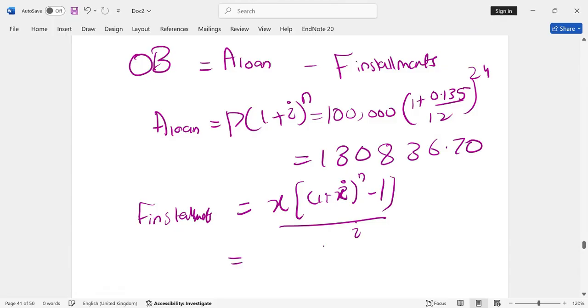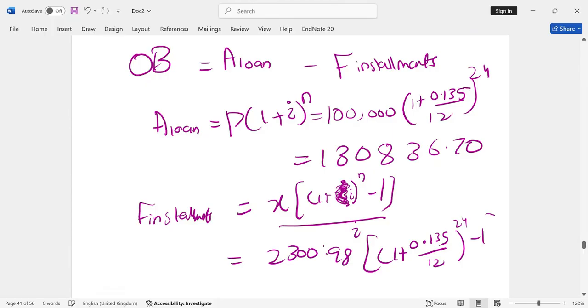I'm just putting all the values in this: 2300.98 times ((1 plus 0.135 divided by 12) to the power of 24 minus 1), and the whole thing is divided by 0.135 divided by 12. Okay, so do the simplification over here.